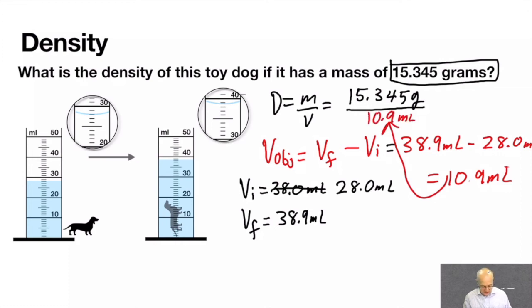And that's going to give us 15.345 divided by 10.9. It's going to give us a density of the toy dog at 1.41 grams per milliliter. And that is the density of our toy puppy dog.